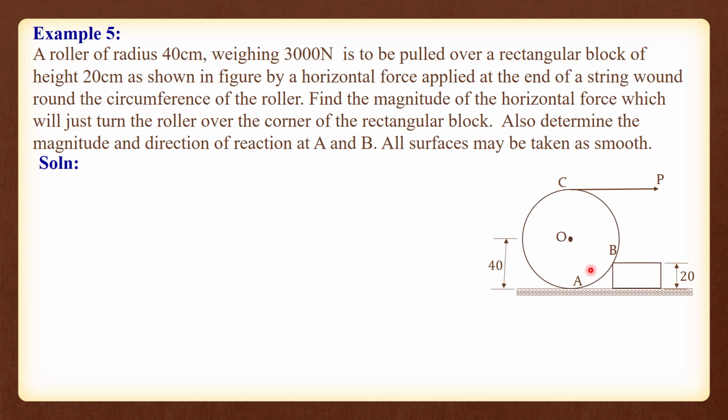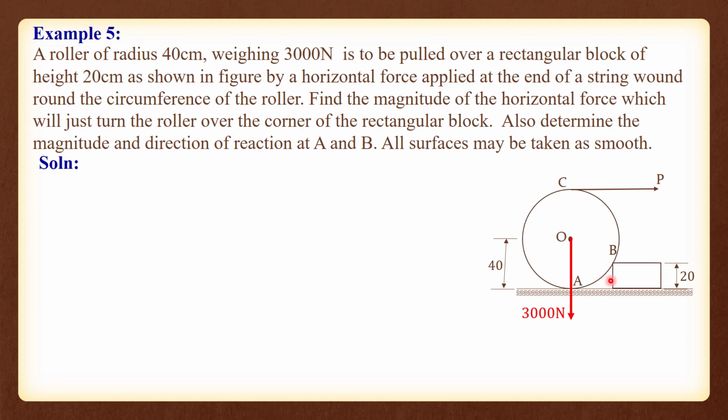So let's see what are the forces acting on this roller at that instant. So the first one will be the weight 3000 Newton, which will be acting vertically downwards through the center of gravity. Then the second one is the applied force capital P. And since here there will be a contact, we have a reaction at this point which will be exerted by the rectangular block on the roller.